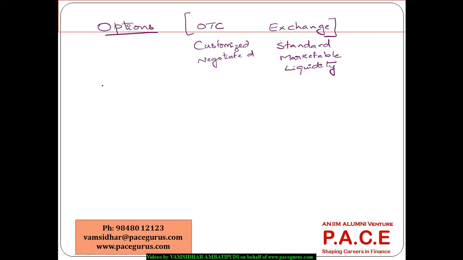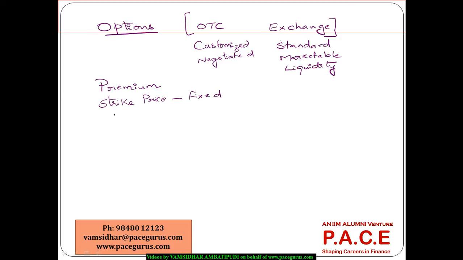In case of options, what is typically negotiated between the parties is the premium and not the exercise price. The strike price is fixed. It's the premium that gets negotiated as a part of the trade.